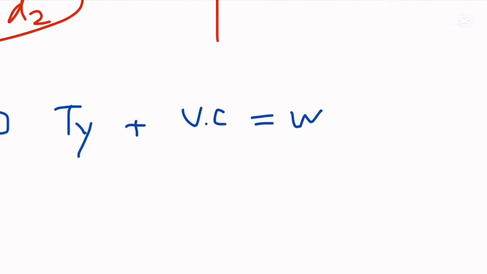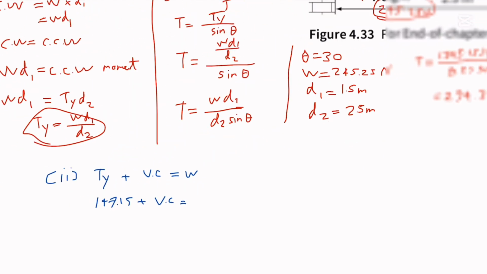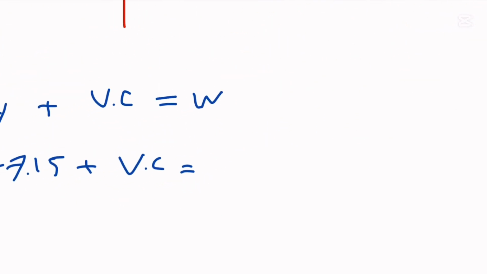We know the tension force. The vertical component of the tension vector will be 147.15 plus the vertical component equals the weight, which is 245.25.